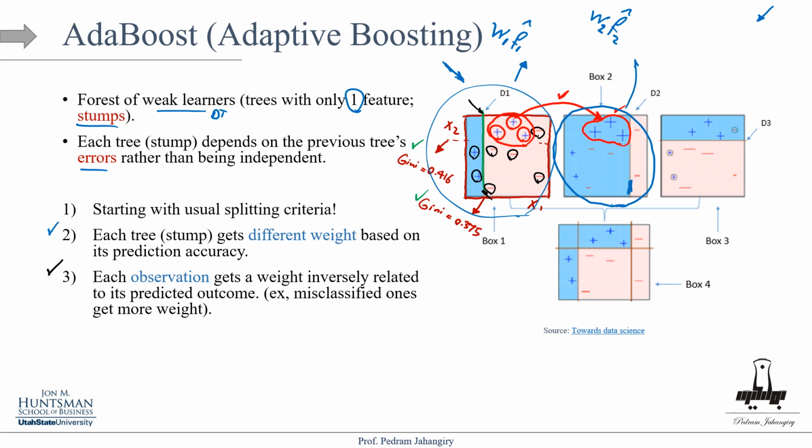Okay. Then we say, now I want you to pay attention to this tree number 2. In tree number 2, these are going to be correctly classified, and this is going to be correctly classified, and also these are going to be correctly classified. So the misclassifications in tree number 2 are going to be these 3 observations.